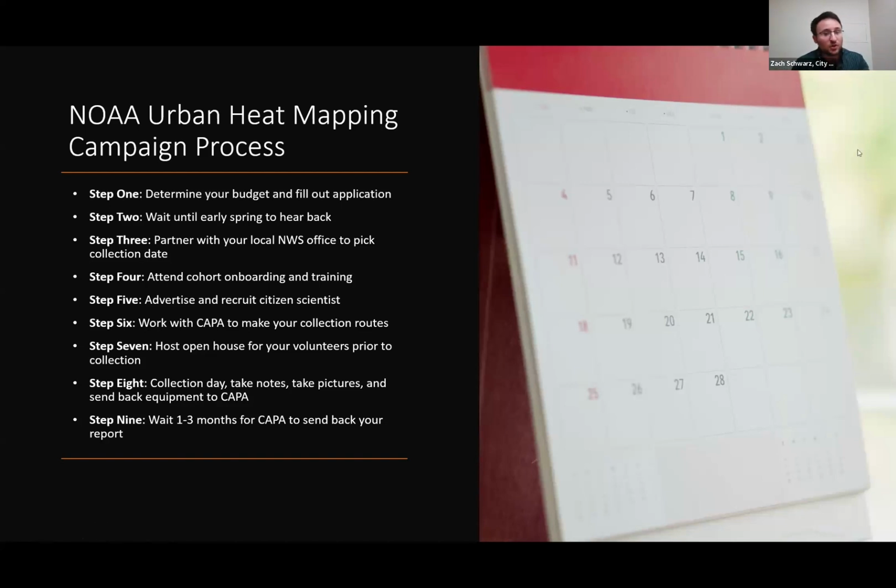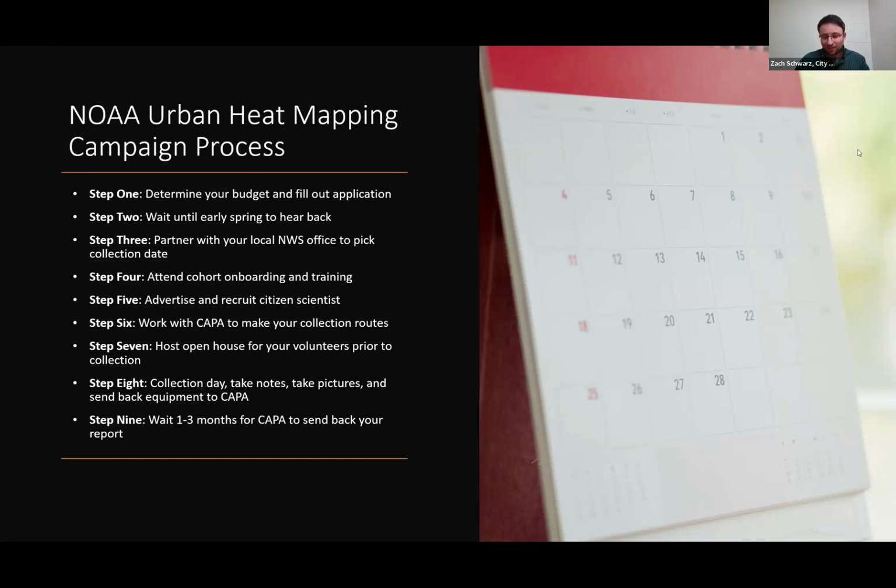So, all right. Step two, you don't really have to do anything once you've submitted that application. You just wait until early spring to hear back. Step three, you're going to partner with your local National Weather Service office to pick a collection date. That collection date is using historical data for your town.